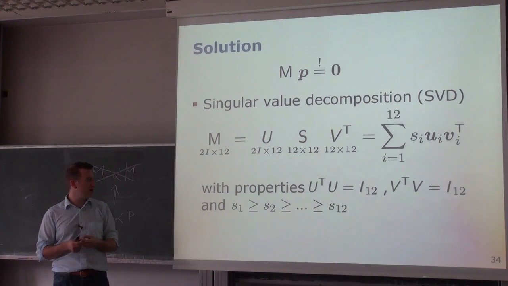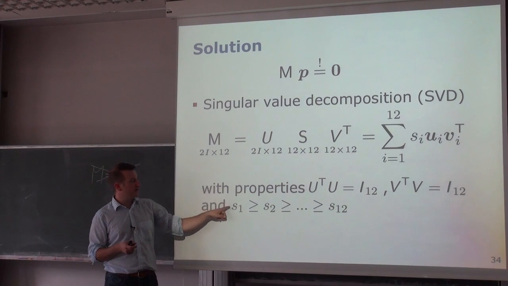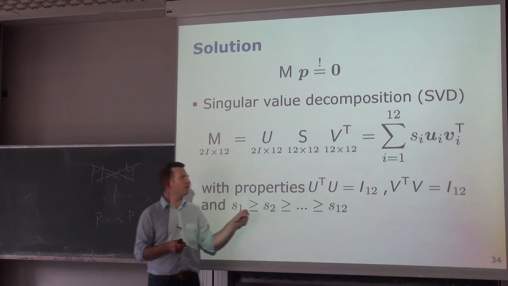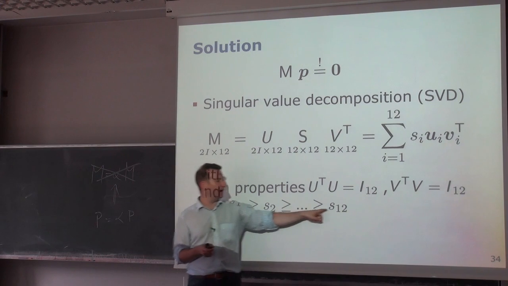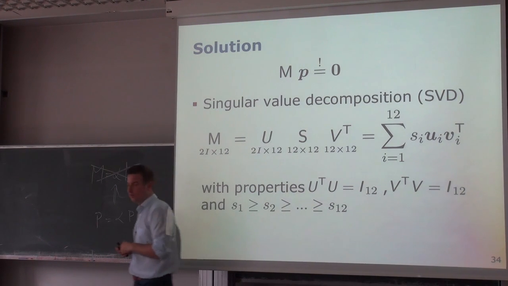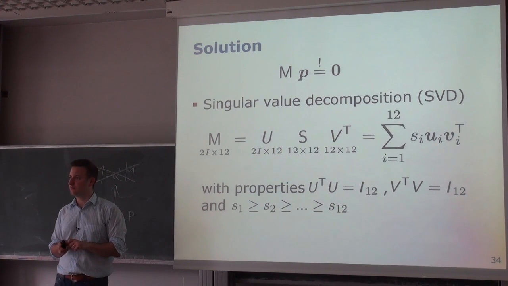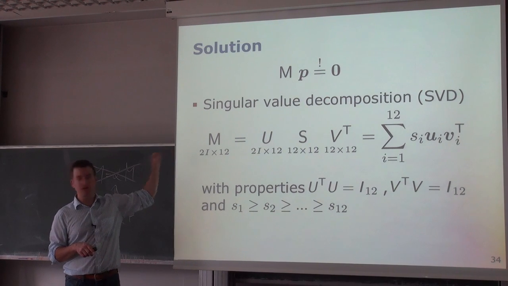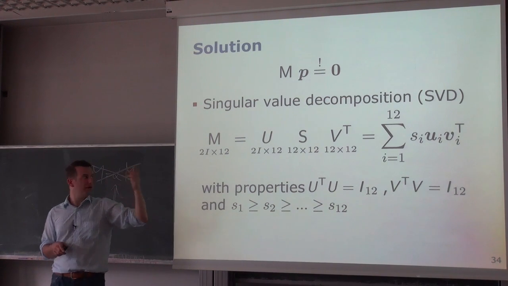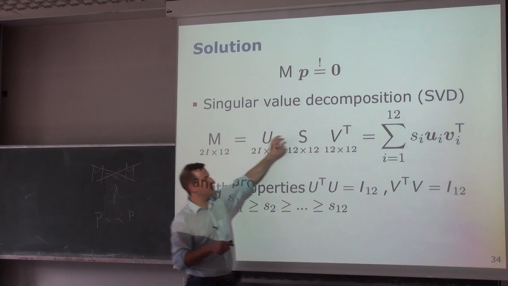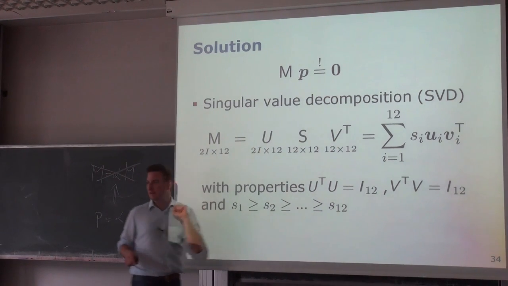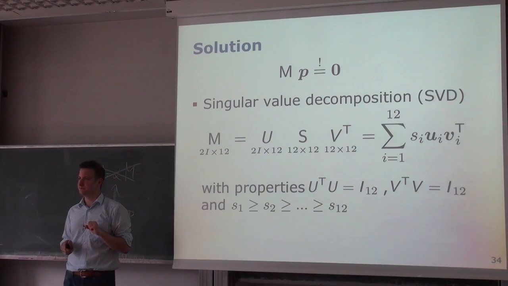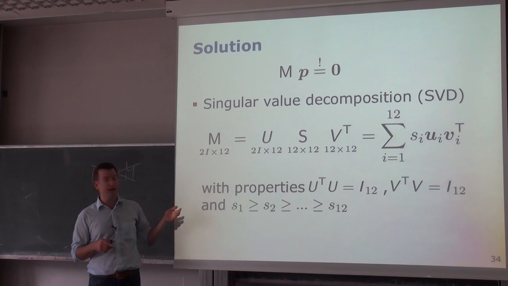And this can be arranged so that S1 is the largest singular value, and S12 is the smallest one. So it's just computing the SVD of this matrix M. This SVD decomposes this matrix into three matrices.